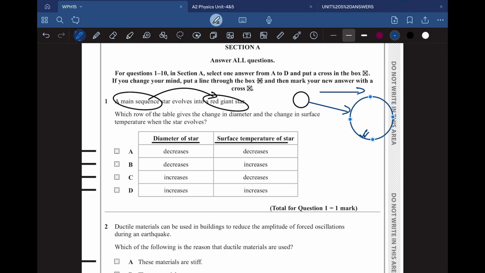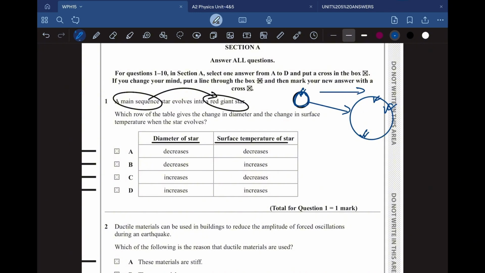Now, both of them have the same energy, because the same energy is now spread out over a bigger surface. The energy this main sequence star had was in a smaller area. Now the energy that this red giant has is in a much bigger surface area. The energy has spread out, so now the surface temperature will drop, making the star cooler on the outside, even though it has grown bigger.